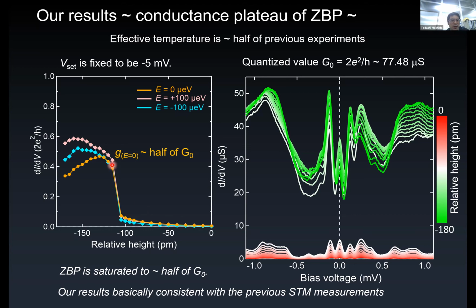However, as shown in the previous talk given by Professor Sarma, this kind of plateau-like behavior is not proof of the Majorana zero mode. So we cannot say the observed zero energy peak originates from the Majorana zero mode.